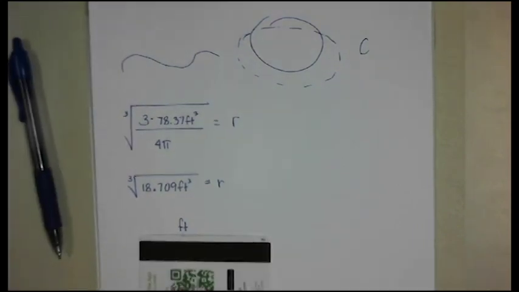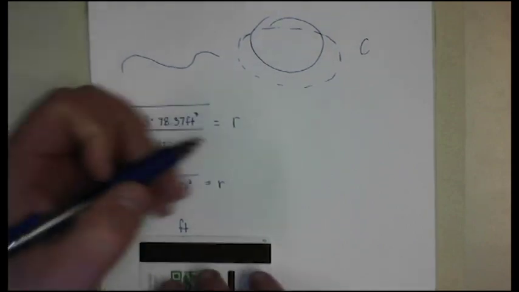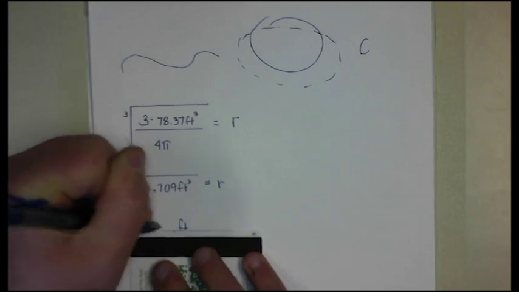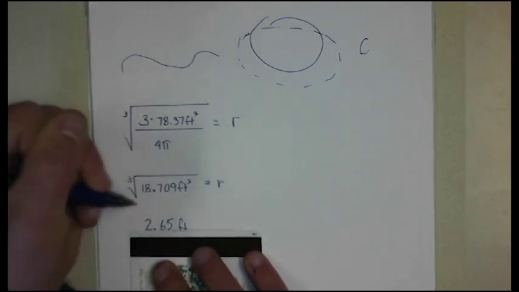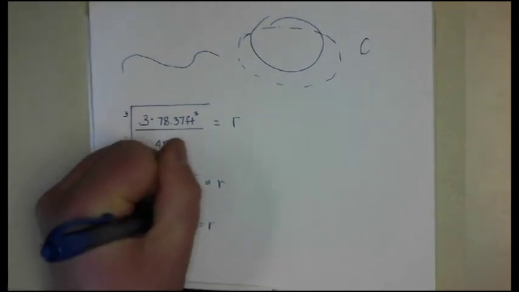And now I'm going to take the cube root of that 18 value. 1 divided by 3. Close parenthesis. My radius of my balloon is approximately 2.65 feet. All right, this is a cool number.